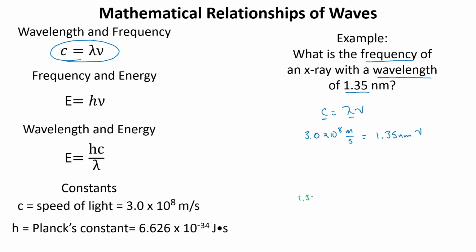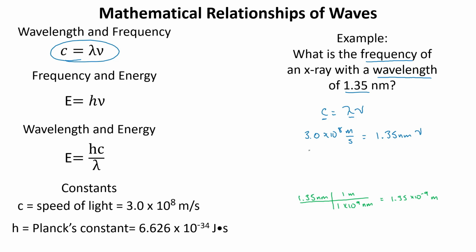If I have 1.35 nanometers, how many meters is that? Well, there are 1 times 10 to the 9th nanometers in 1 meter. So that gives us 1.35 times 10 to the negative 9th meters for this wavelength. That's a fantastic thing about using the SI system and the prefixes: it makes this conversion really easy.